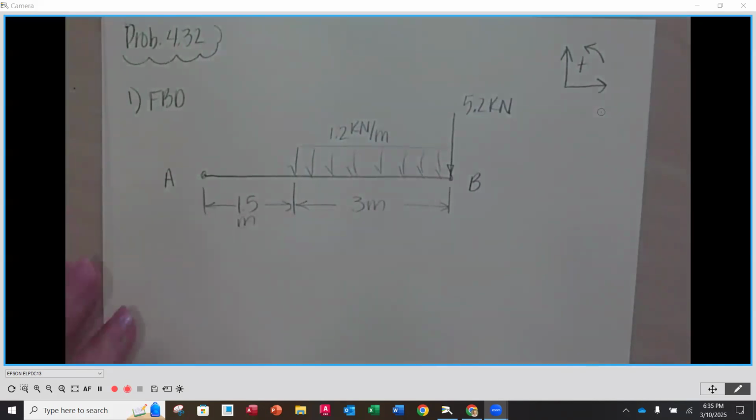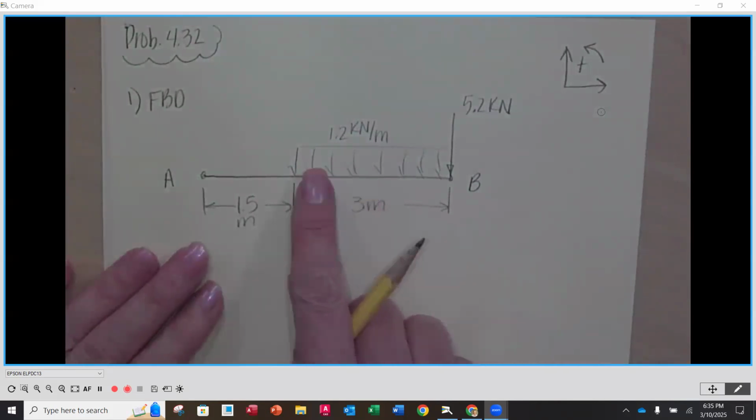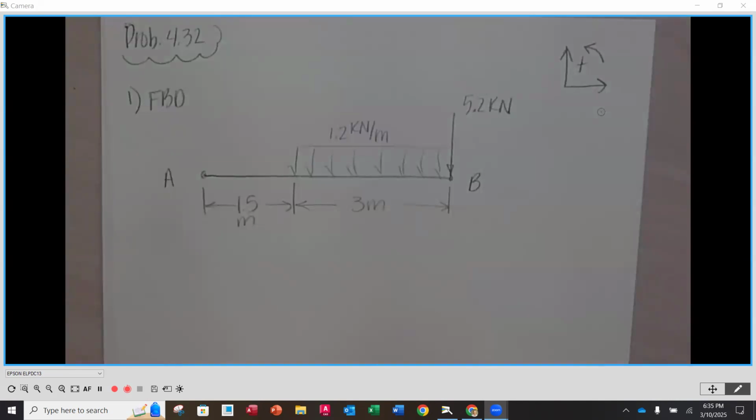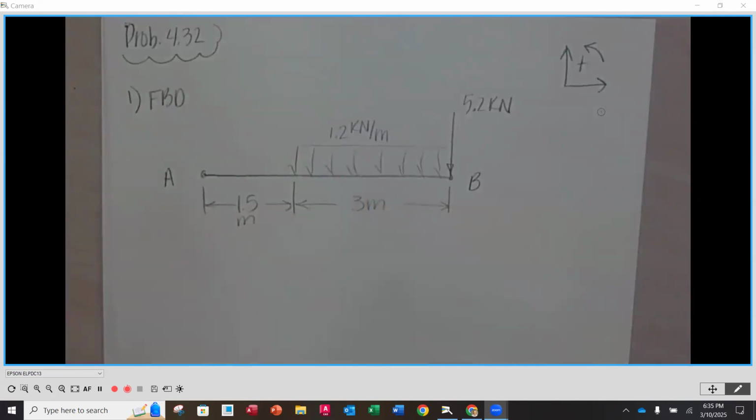So the first thing we need to do is find the equivalent or the resultant of just this little section here. We want to take that distributed load and make it a concentrated load. To do that, we're going to use that value of 1.2 kilonewtons per meter.